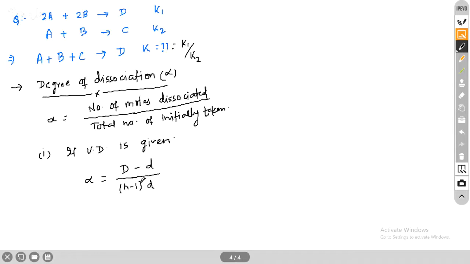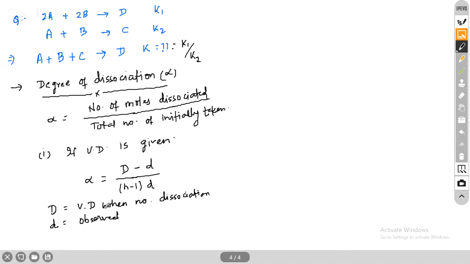Here you have to keep in mind that capital D is the actual vapor density when there is no dissociation. This data will be given. Small d is the observed vapor density. All these values will be given in the question.